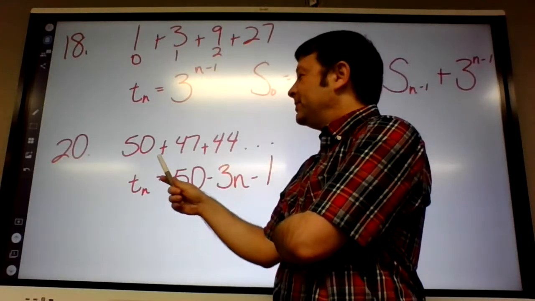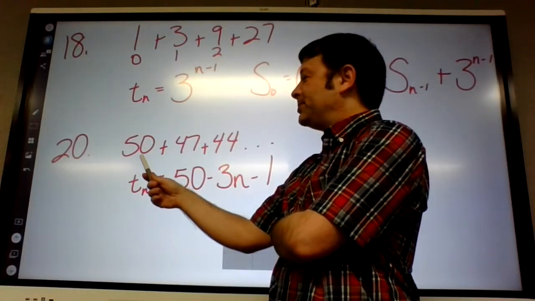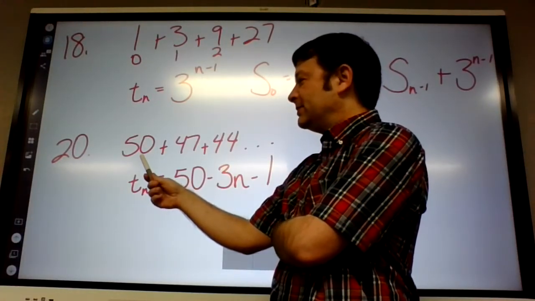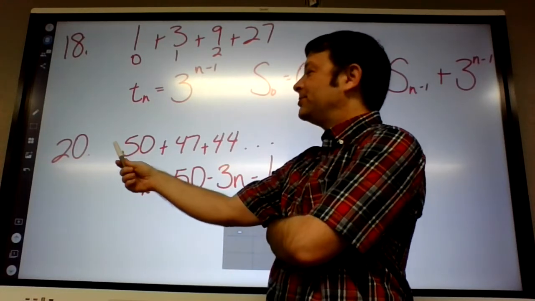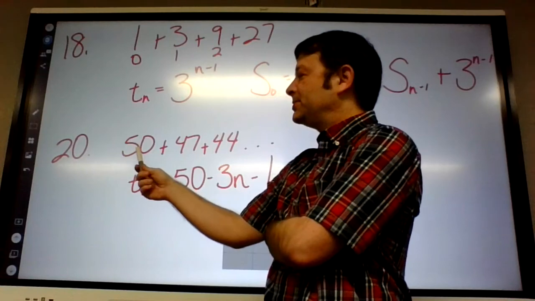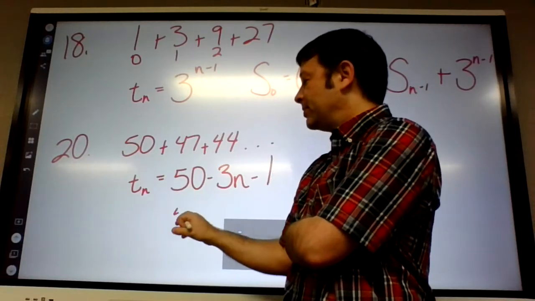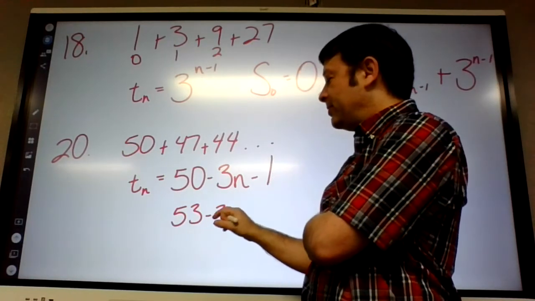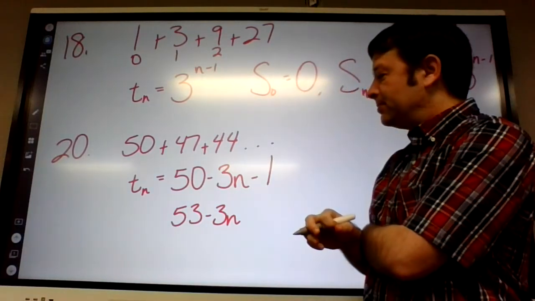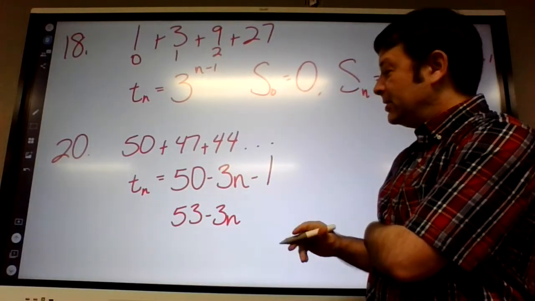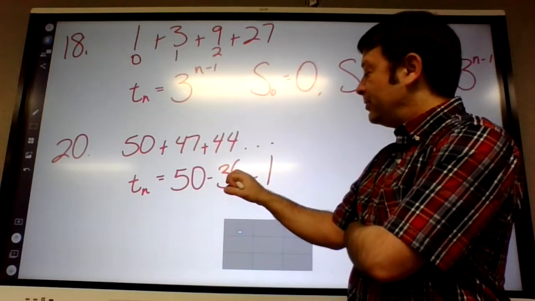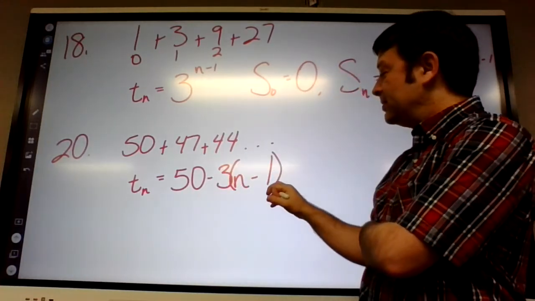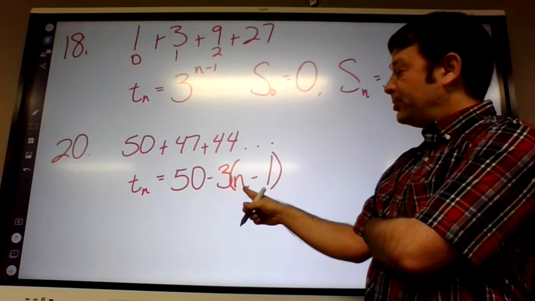Okay, for the first term, we want to subtract nothing from 50. In the past, I've had you guys write 53, and then we did minus 3, and that would actually have worked. Not sure why they're not using that method on this one, but that would have worked. You could have done it this way. If you want to subtract nothing, put parentheses around that.